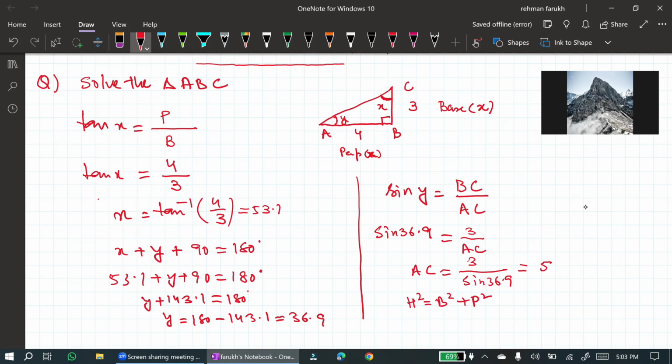The hypotenuse is AC, that is unknown. Hypotenuse square is equal to 4 square plus 3 square. You can take any side as the base or the perpendicular. Hypotenuse square is equal to 16 plus 9, which is 25. Hypotenuse is equal to 5. You can see that with the help of Pythagoras, the answer is the same.